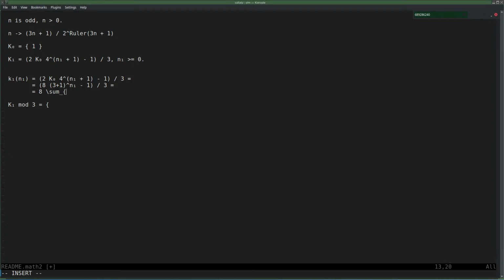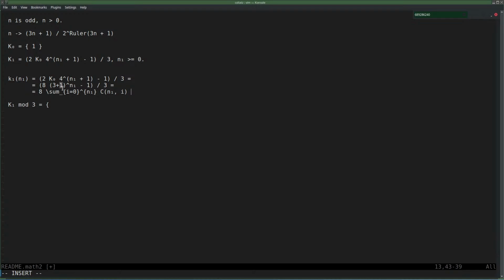So we have the sum of I running from 0 to the power we have here, n1, of, so this is (a plus b) to the power n, can be written as a sum of the binomial of n over k, so in this case that would be n1 over I, times a to the power k times b to the power n minus k.